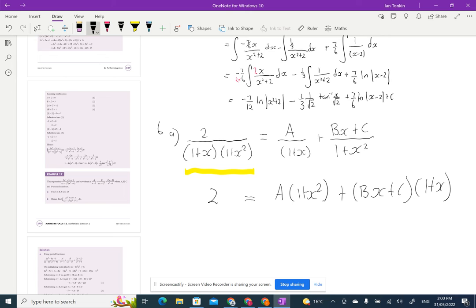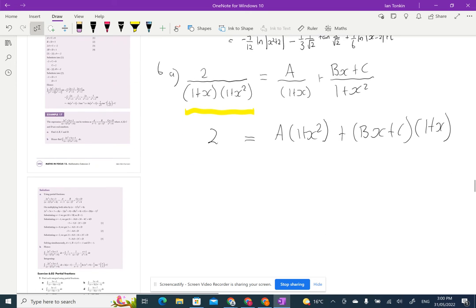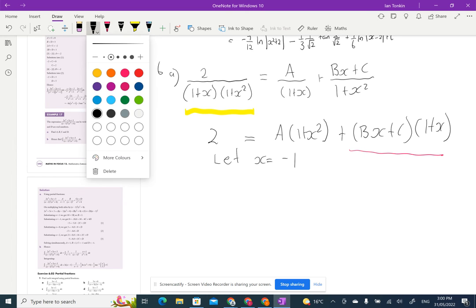Now the first thing I want to do is try and find a value. So I'm just going to let x equal -1, and that will make this all equal 0, so I'll find a value for a.